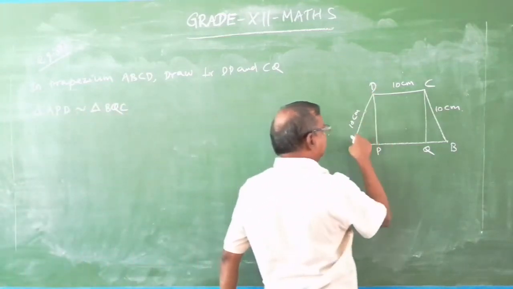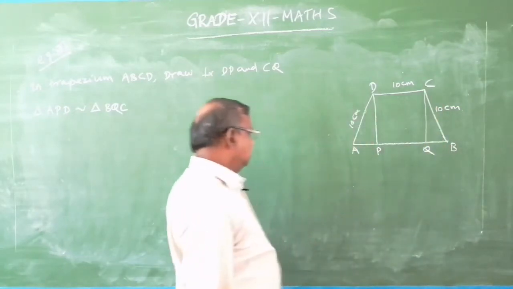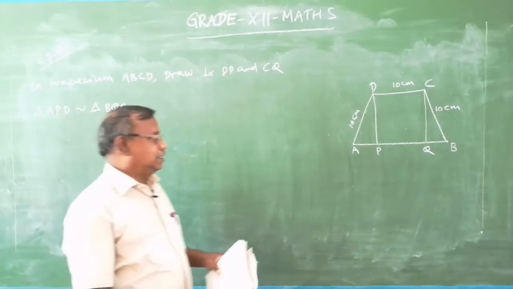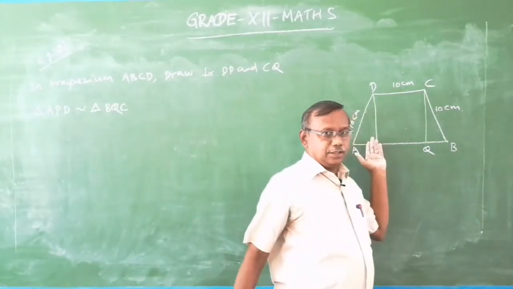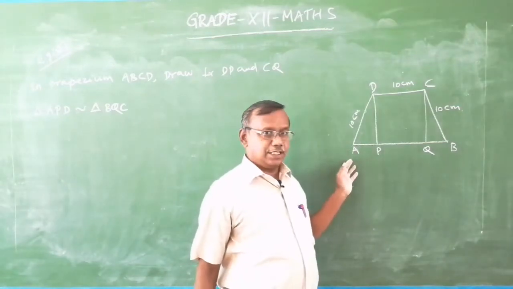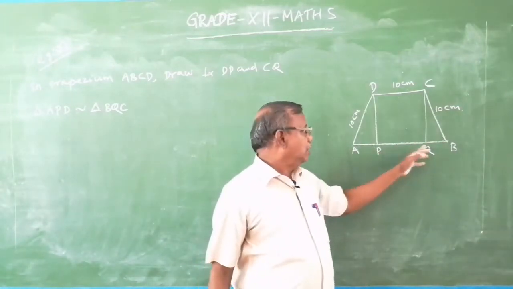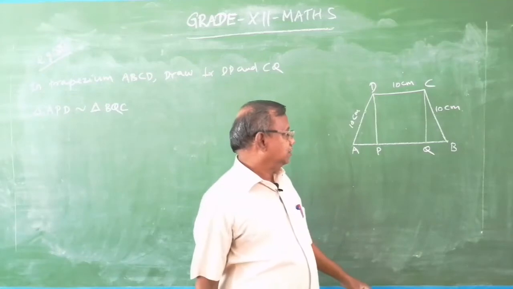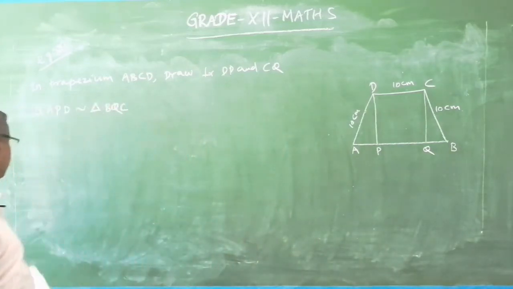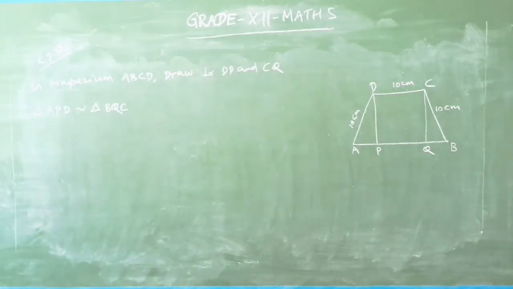We have studied this concept in 10th standard. There are so many similarities. One is AAA, another one is SSS, another one is RHS, that is right angle, hypotenuse and side. So by this similarity, the triangles APD and BQC are similar.